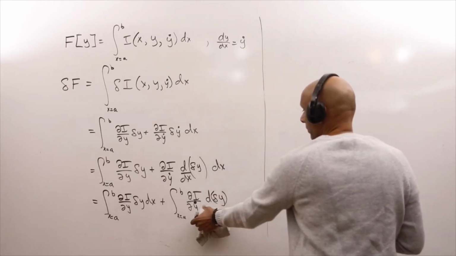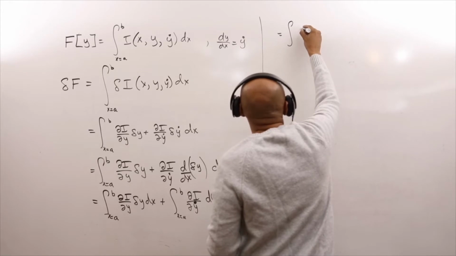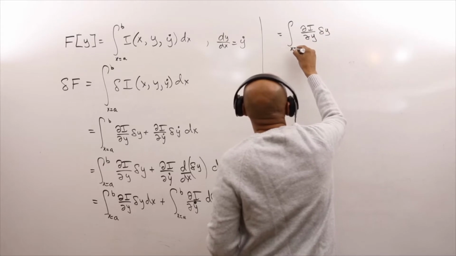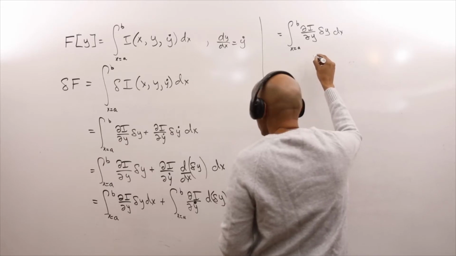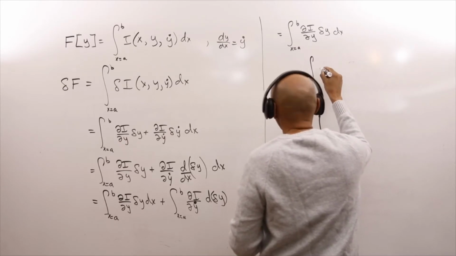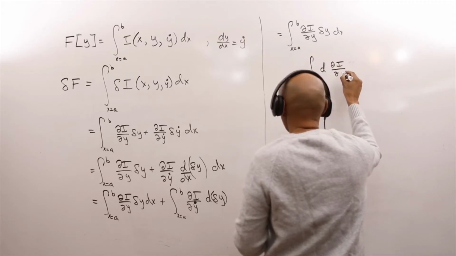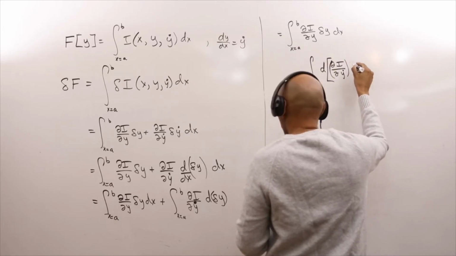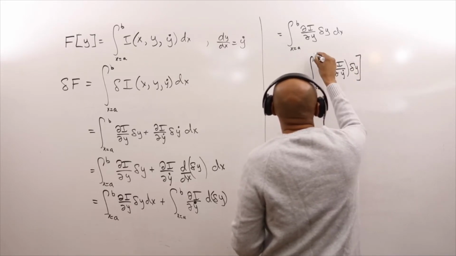So we're going to use the chain rule, and the chain rule basically says that we can write this whole integral. So it's a lot of extra writing. And I'll put it over here. So the chain rule basically says that this minus this is really the integral of the difference of the partial of I and the partial of y dot, I'll put a square bracket, with the variation in y, taken from x is equal to a to b.